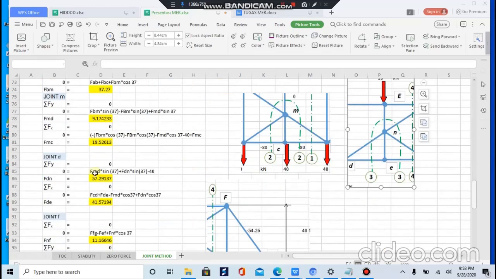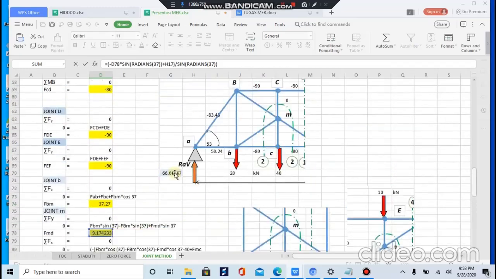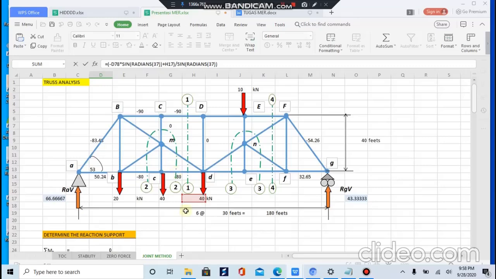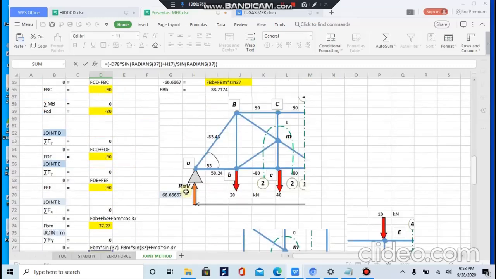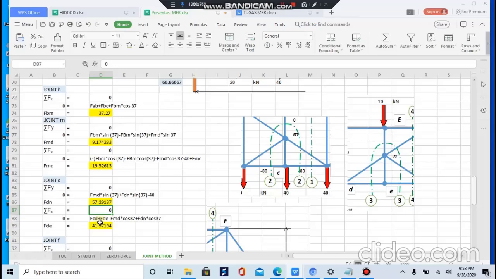So FDN will be 57.29. See here, minus FMD times sin 37 plus the external load, 40 kilonewton, divided by sin 37, so it will be 57.29.